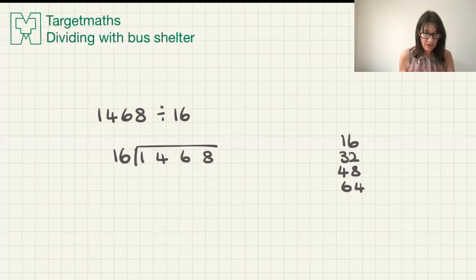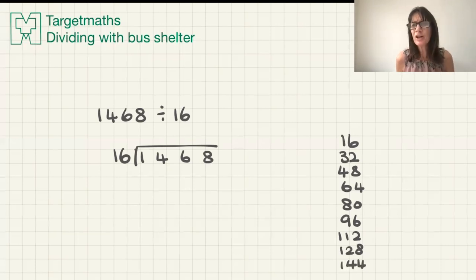So there's the next one. That's the next one, 96, 112, 128, 144. I can tell that is as far as I need to go for now. That is a lot of work and there's no getting around it. You will need to do that work unless the numbers are kind to you.